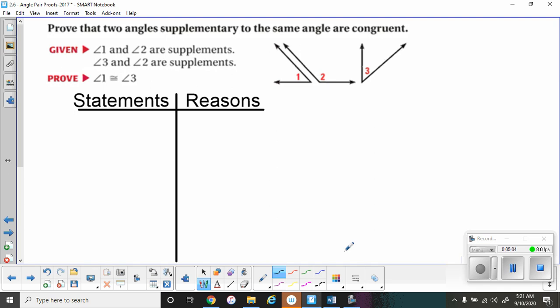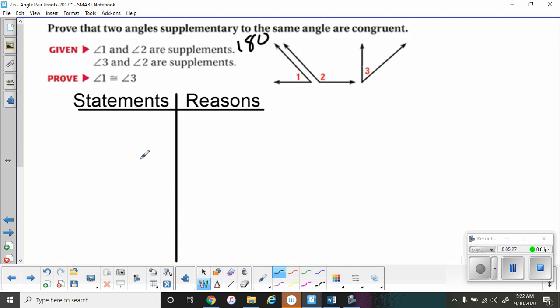So here we've got angle 1 and 2 are supplements, remember? That meant 180. Angle 3 and 2 are supplements, so that's 180. So we need to get angle 1 congruent to angle 3. There's a theorem that says if two angles are supplementary to the same angle, then they're congruent.